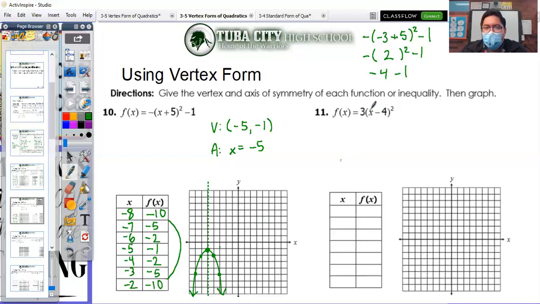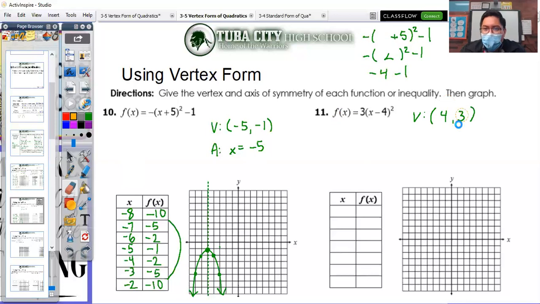Let's go ahead and move over to this one. All right, now with this one, we cannot use the rule of odds, which actually I think in one of these next examples, I'm going to try to graph one without a table using the rule of odds. All right, so let's start from the beginning. Let's go with vertex. So V. And in this case, let's see, what numbers do I have in here? 4 and 3, maybe?